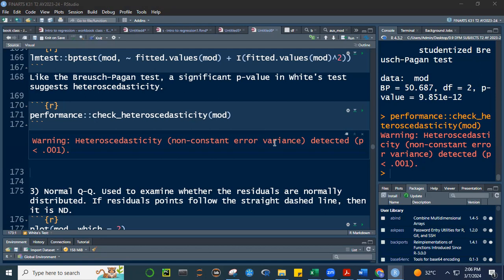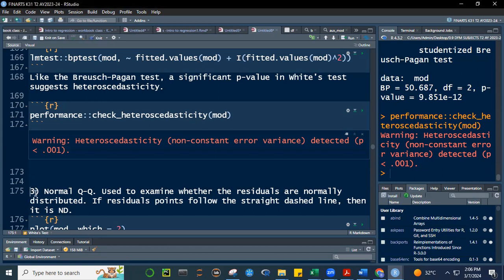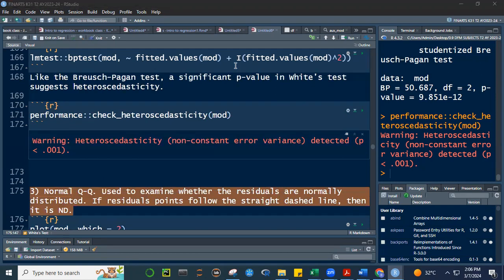Okay, let's wait for a few more of your classmates, and then we move on to normality of residuals. Thank you. So far we have looked at the linearity assumption, and the assumption that your residual variance is homoscedastic.